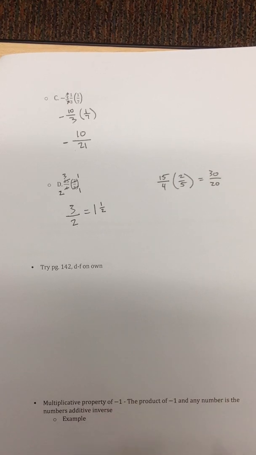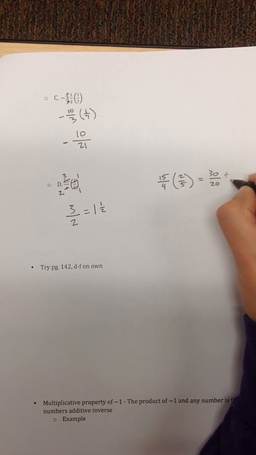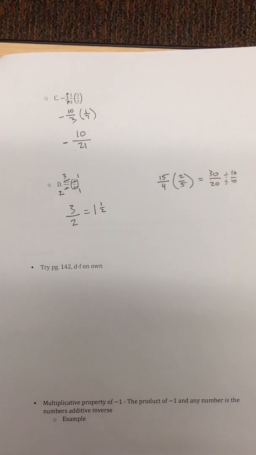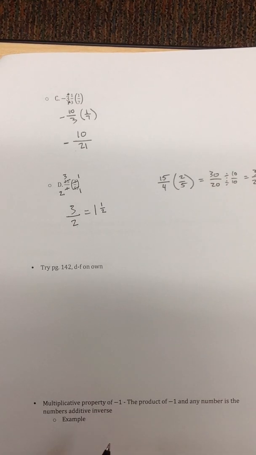So then I've got 30 over 20, which is a bigger number there. And then I would want to reduce down at the end. So 30 and 20, I could take both of those and divide by 10. So if I take each of those top and bottom divided by 10, it actually comes out to be that same 3 over 2.